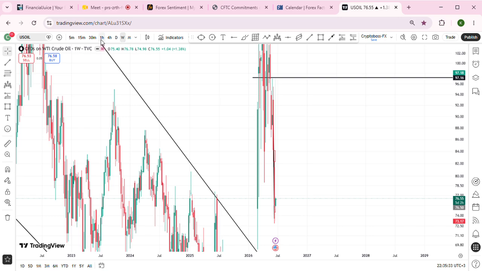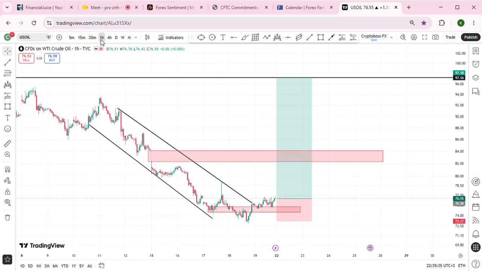So that is another thing to confirm that when you get a buy on crude oil, the market will go to fill that gap between 82 to 84. That is $82 to $84 per barrel on crude oil. So that is how crude oil is.